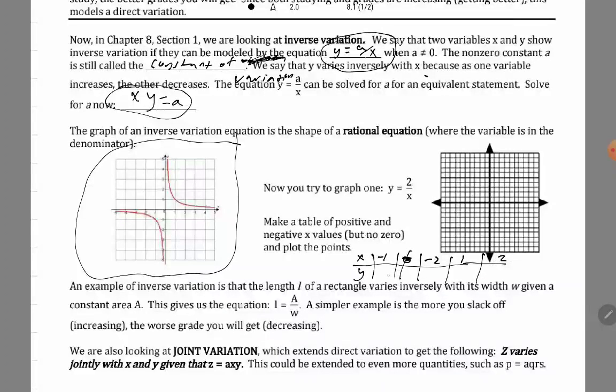If I plug negative 1 in there, I get negative 2. If I plug negative 2 in there, I'll get negative 1. If I plug 1 in there, I get 2, and 2 gives 1. So we have the points 1, 2; 2, 1; negative 2, negative 1; negative 1, negative 2. So basically that's what's going on here.